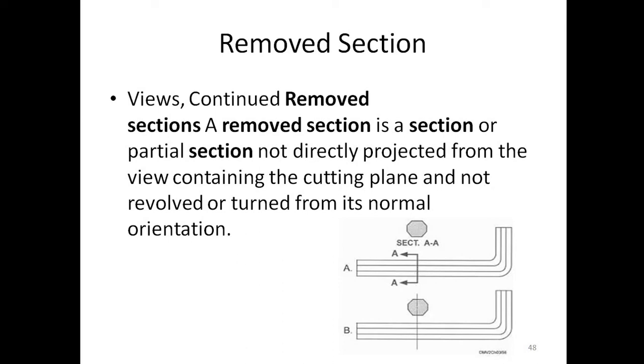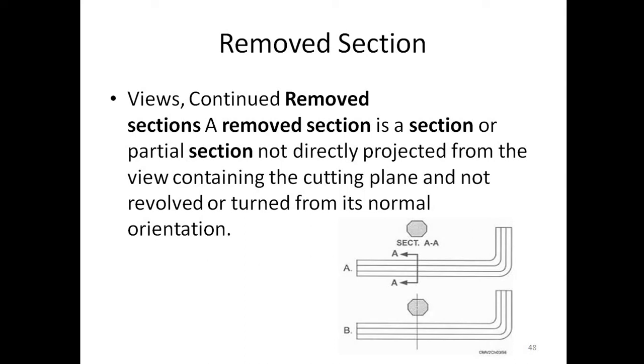But in the case of a removed section, it is a section or a partial section not directly projected from the view containing the cutting plane. It is not directly projected from where we are taking that cutting plane, and it is not revolved or rotated from its normal orientation.